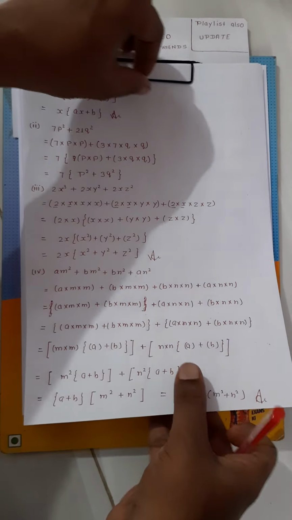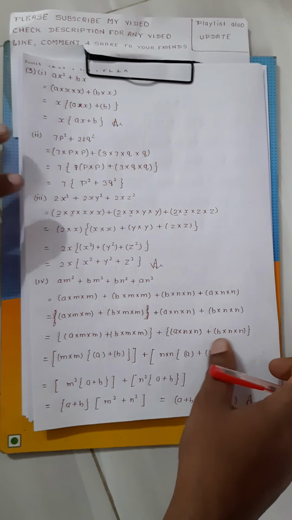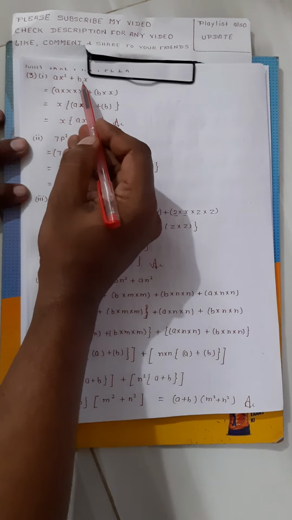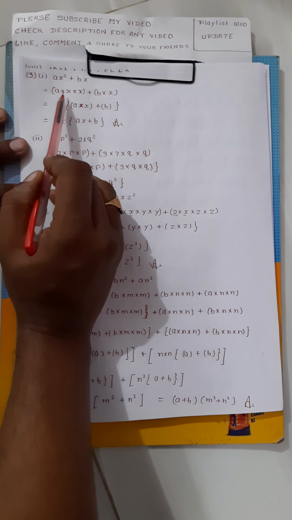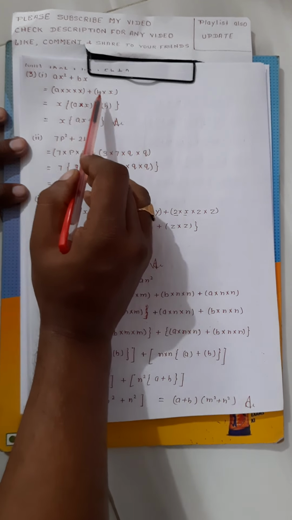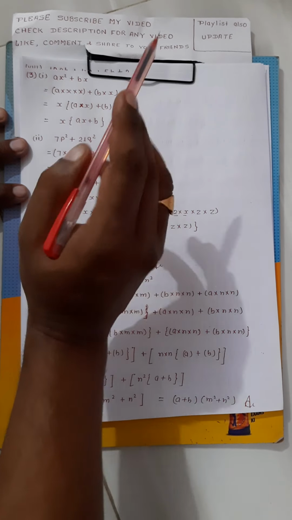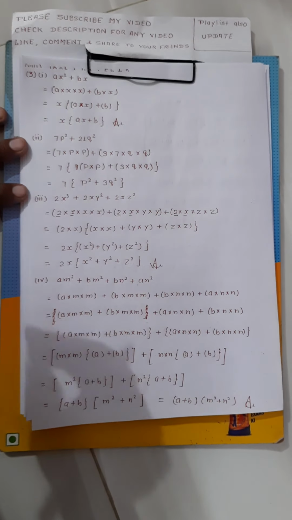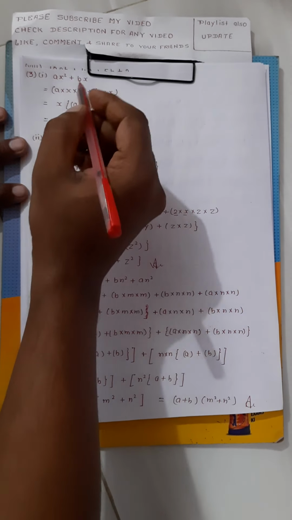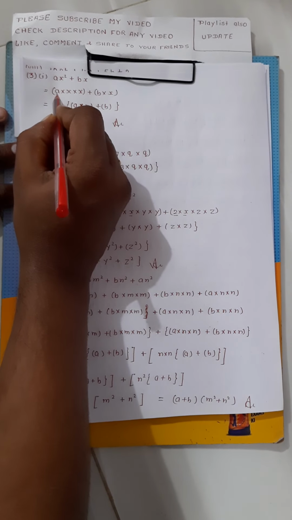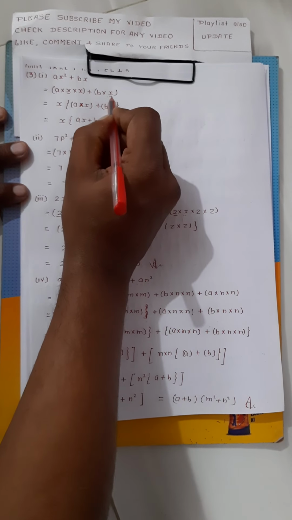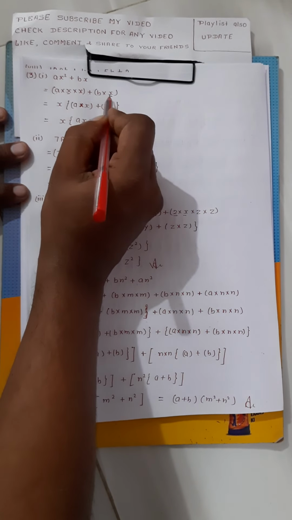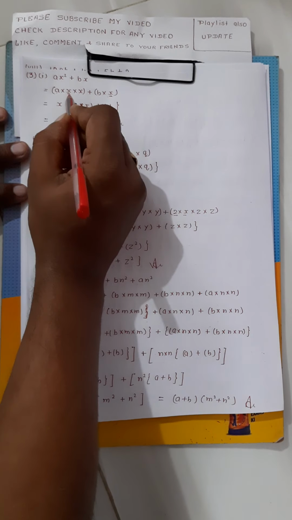Our first question is ax square plus bx. If we factorize this term, the value will be a into x and b into x. Here, first of all, we check for common factor. a is here but a is not here; x is here and also x is here, so we can take out the x from both terms.